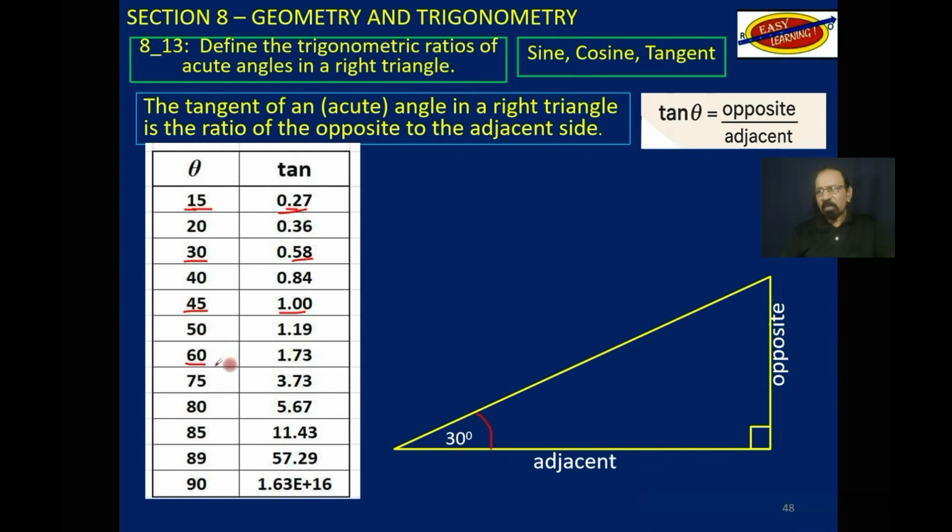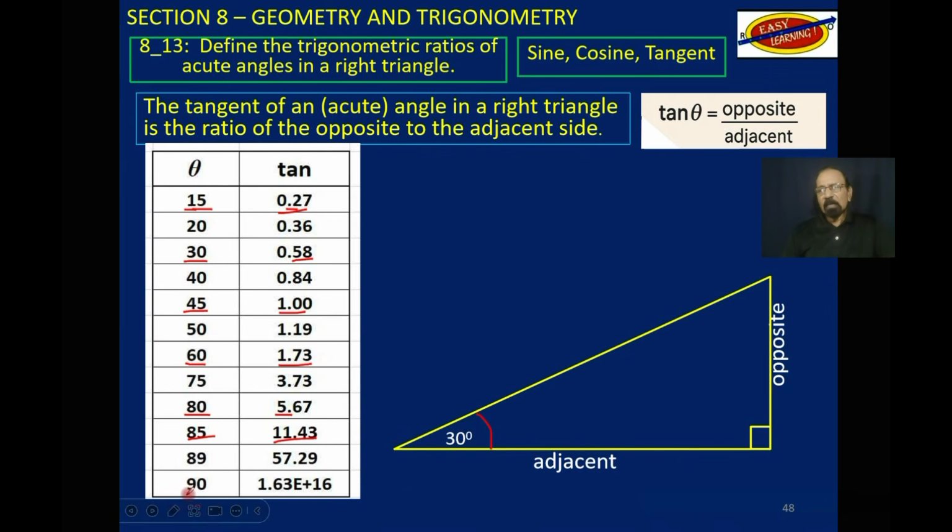At 60 degrees, the opposite is nearly 1.75 times longer than the adjacent. At 80 degrees, the opposite is 5.67 times longer than the adjacent. At 85 degrees, the opposite is 11.4 times longer than the adjacent.